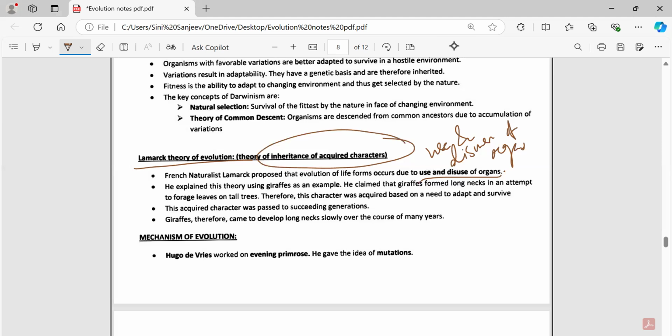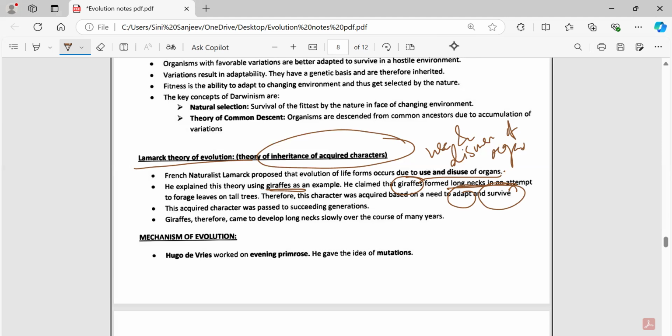For example, the one they have used over here is the giraffe. Giraffes usually have a long neck. Now the reason for the long neck is to take the leaves as food which are present on the taller trees. So for that sake their neck has developed to this much length. In order to adapt to that environment and survive, as I told you, survival of the fittest, right?